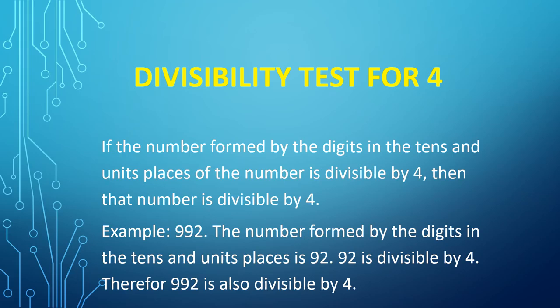The number formed by the digits in the tens and units places is 92. Children, you can see here in 992 the number formed by the units and tens places is 92. So, if 92 is divisible by 4, then the entire number, 992, is also divisible by 4.